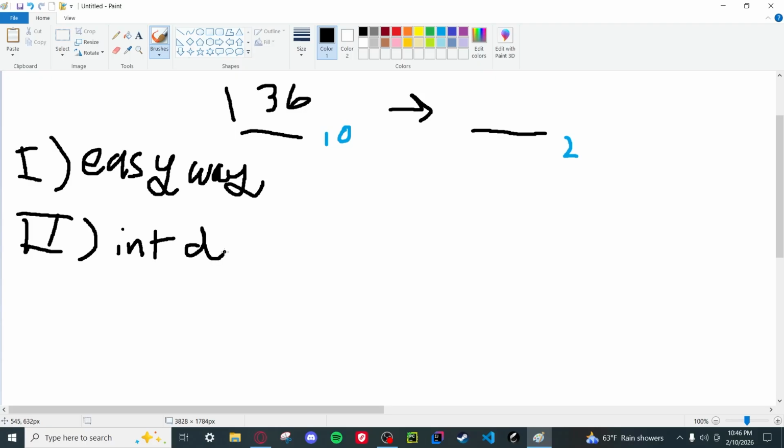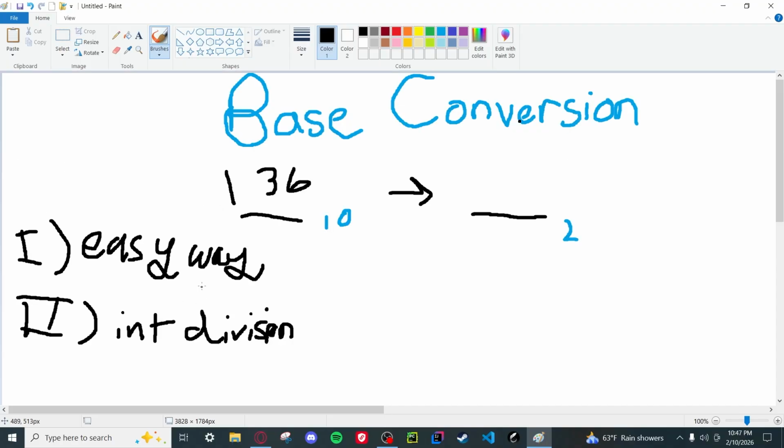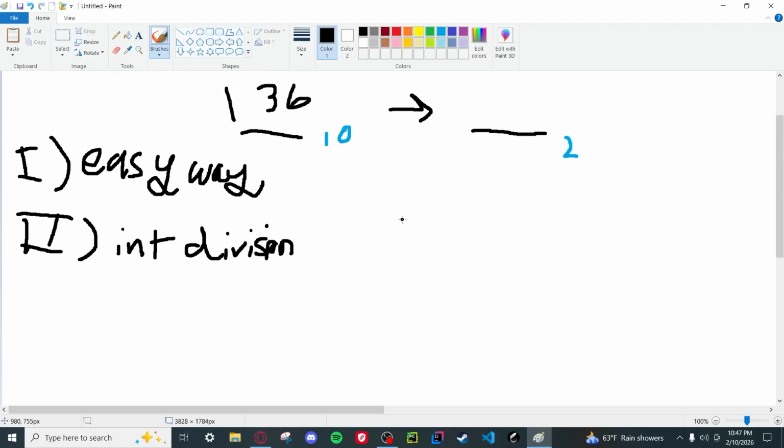I'll explain this one because in a base conversion video, you go over integer division. Anyways, there are 2 ways. I would not do this way unless you're really good at dividing numbers. I would do the easy way always, and we're going to start with that.